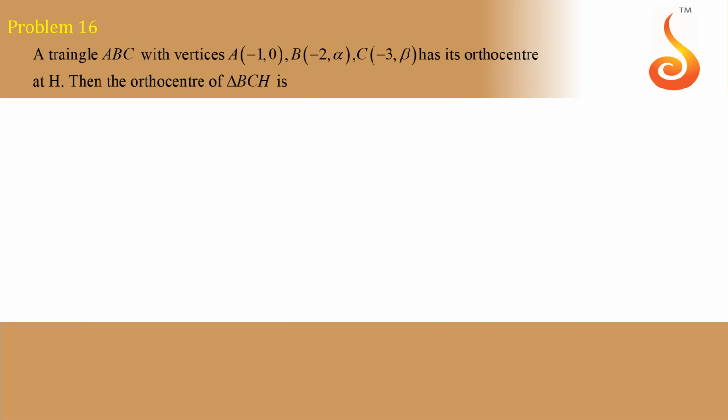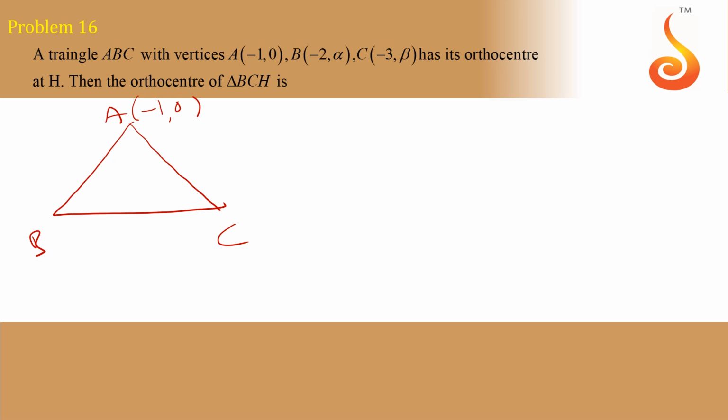Next problem, problem number 16. A triangle ABC with vertices A, B, C is given. A is given, B has alpha and C has beta, so only A is available, (-1, 0).